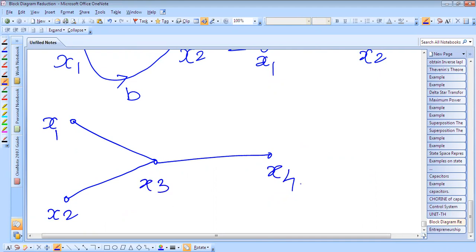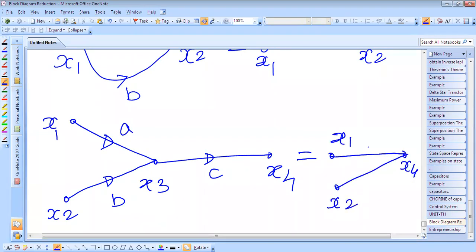The transmittances of these branches are A, B, and this is C. So how to eliminate this node? We can write like this: this is x1 to x4, this is x2 to x4. So here it is AC and here it is DC. In this way we can reduce, or eliminate, the mixed node.